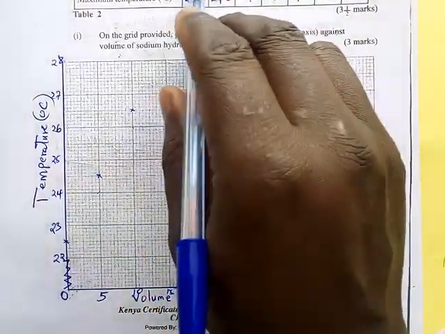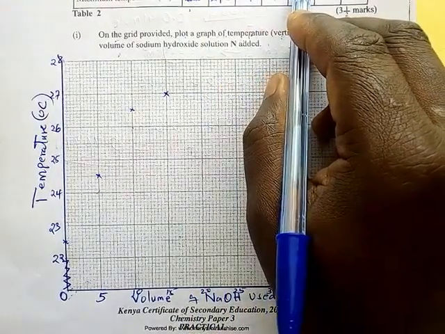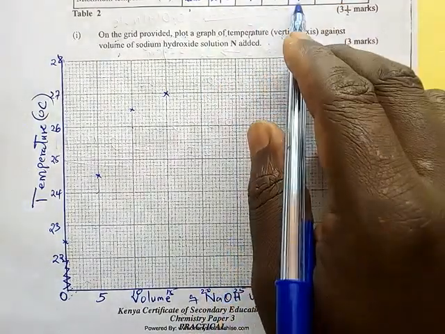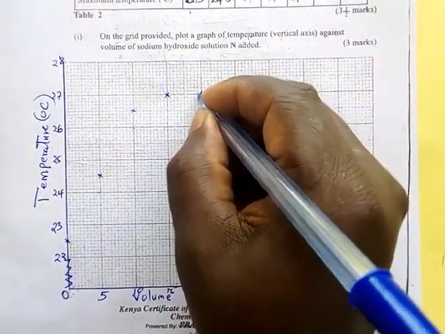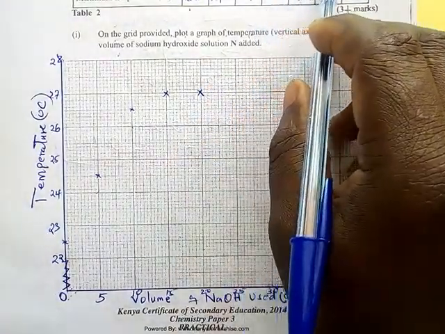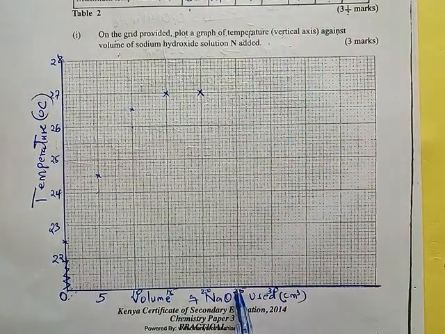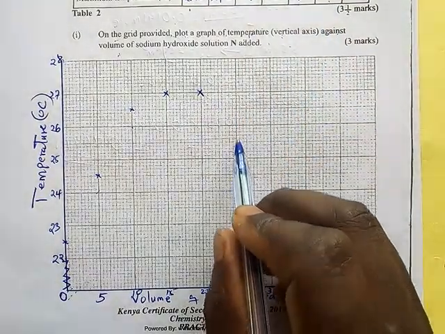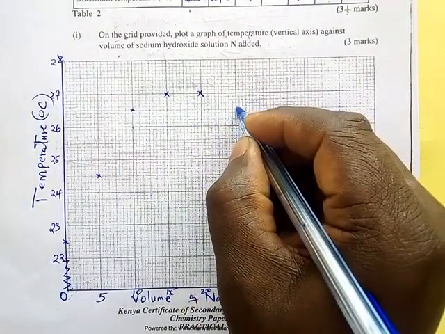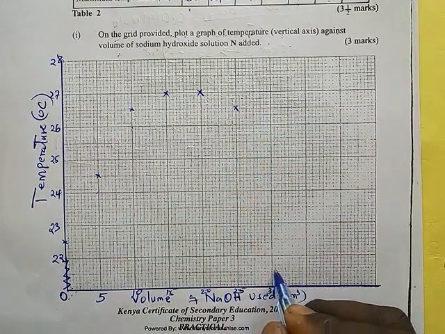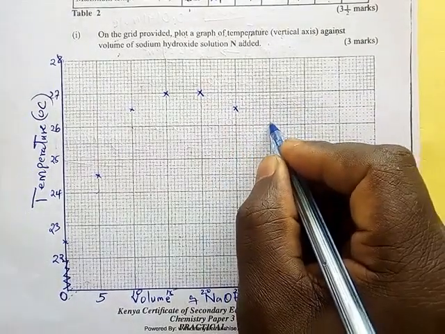When volume is 20, temperature is 27. When volume is 25, temperature is 26.5. 26.5 here. When volume is 30, temperature is 26.